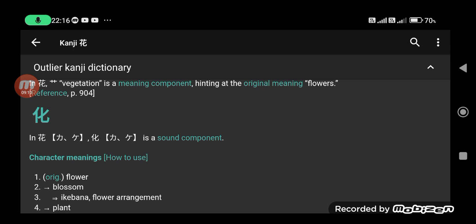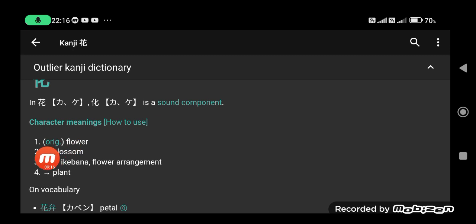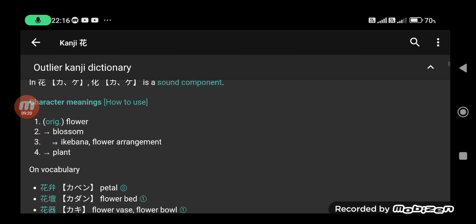We already discussed that: the form component, meaning component, sound component. So let's go now to the meaning. Original meaning: flower. Primary meaning: blossom. Secondary meaning: ikebana, flower arrangement, plant.